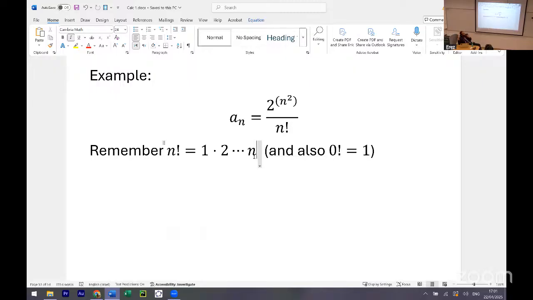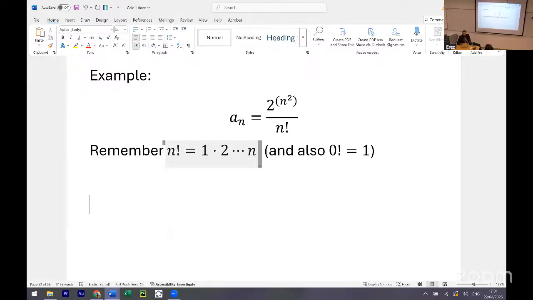The numerator is larger than 2 to the power of n, because it's 2 to the power of n squared. And the denominator is n factorial. We're not sure, but the quotient rule will help us, hopefully.